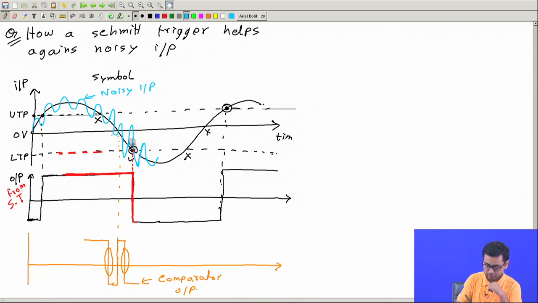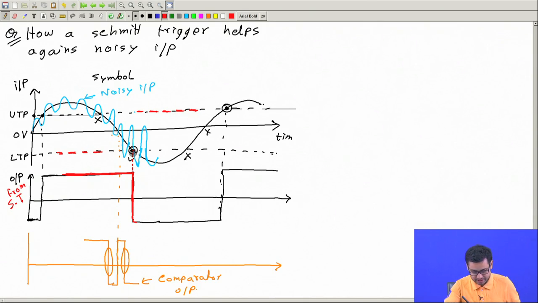You see we have a lot of noise, but will the output change in this region? No. Once the output has gone to a negative value, the lower trigger point is of no use. It is not active. The comparison will occur starting from here only with the upper trigger point.